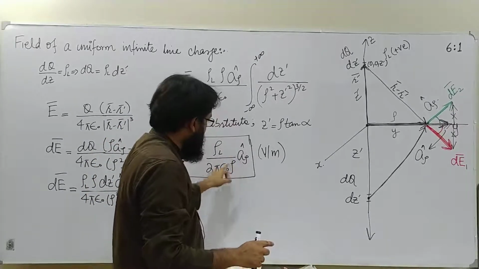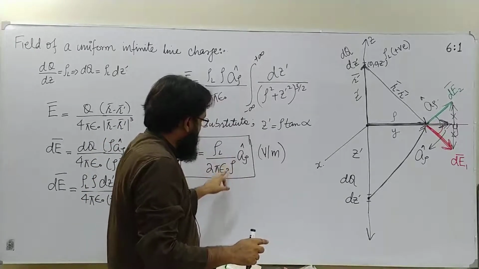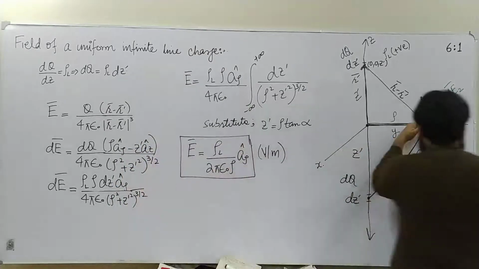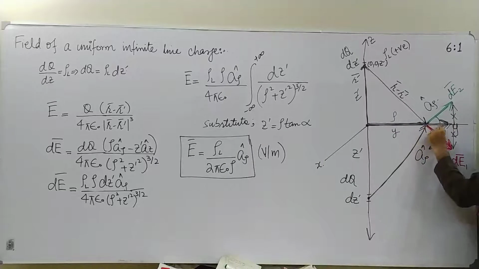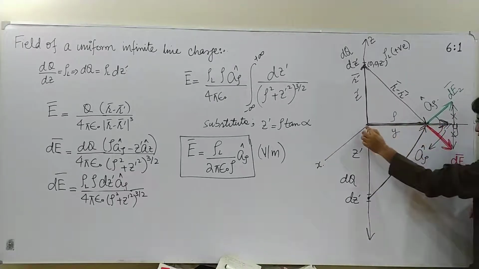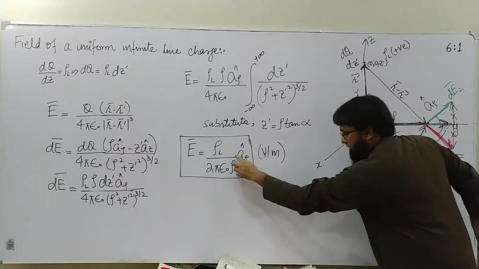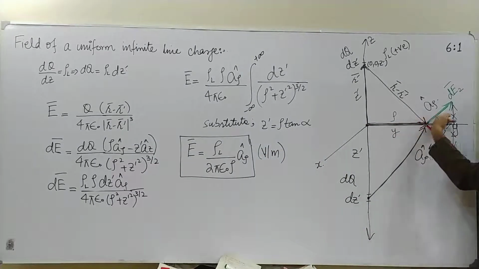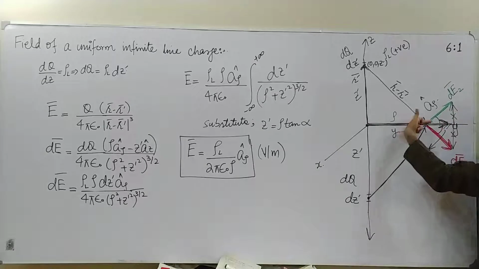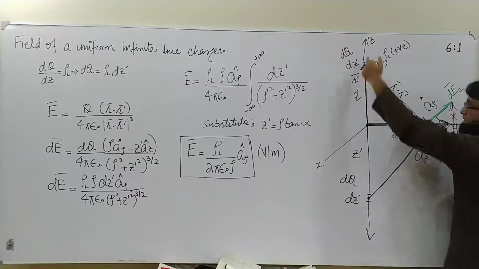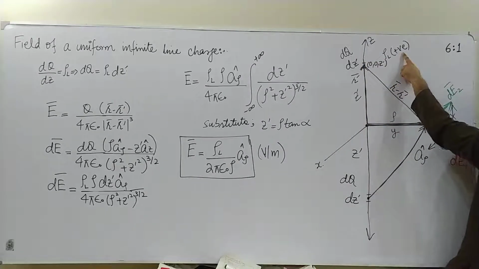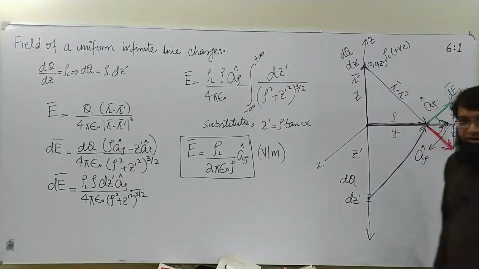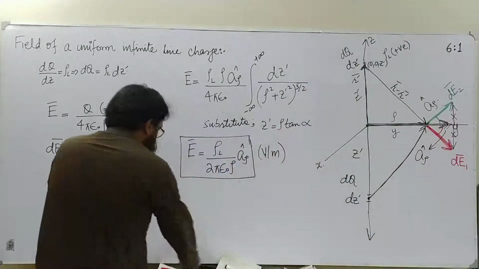And arrow is nothing but the direction along this perpendicular, and it is away from the source. It will point away from the source if this line charge is positive, and it will point towards the source if this line charge is negative. As simple as that.